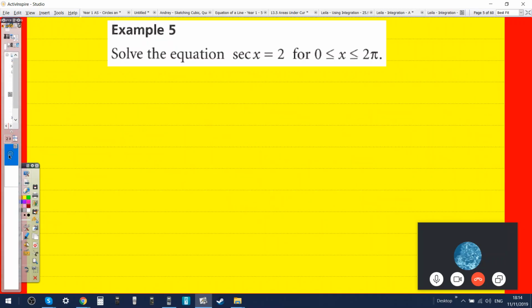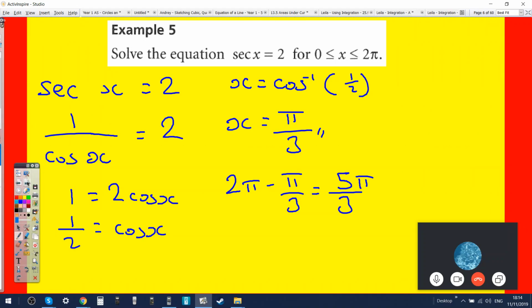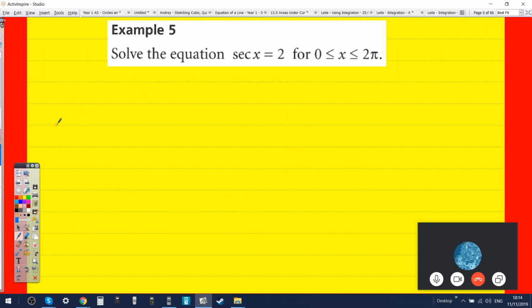Okay, solve this equation. Okay, go on, solve it. Sec x equals 2, 0 less than x less than 2 pi. So you can do x is equal to arc sine half.